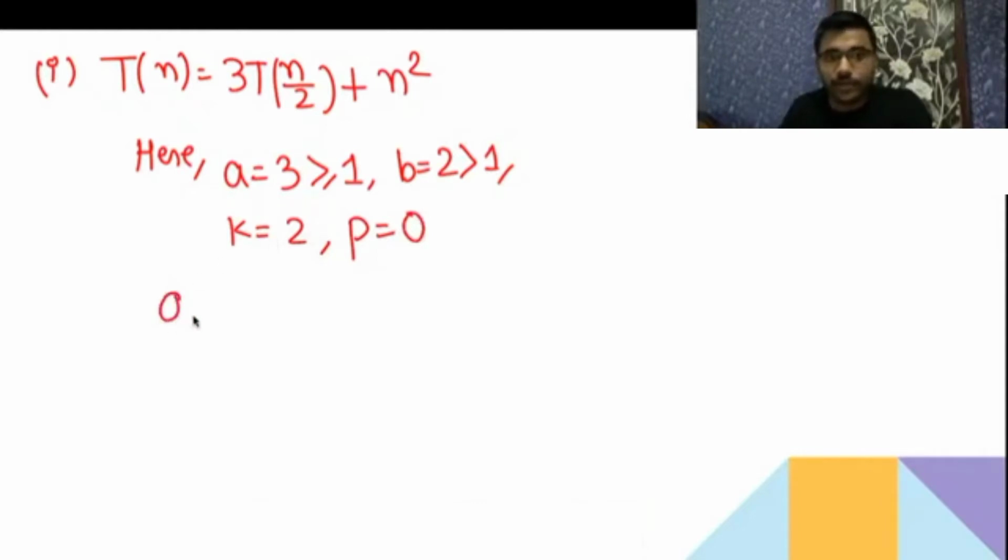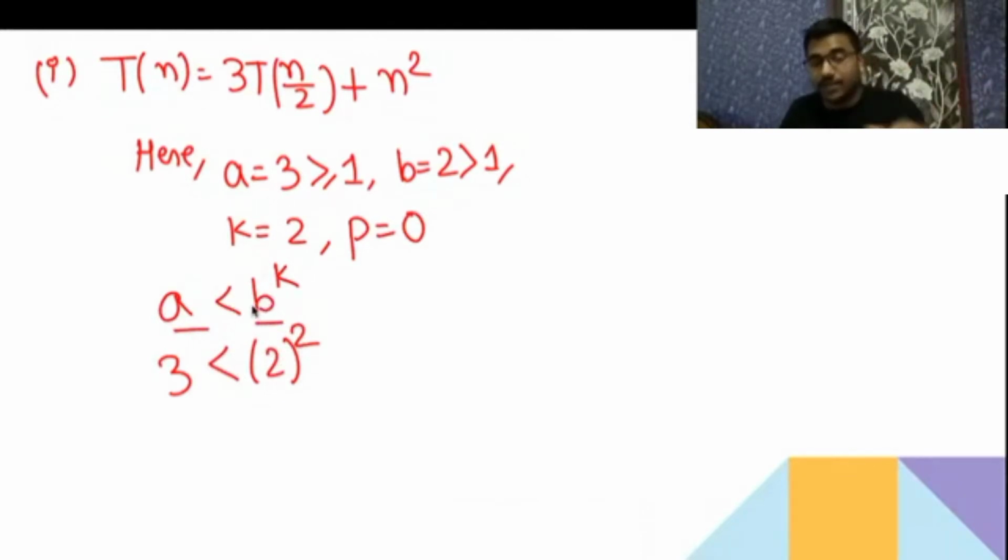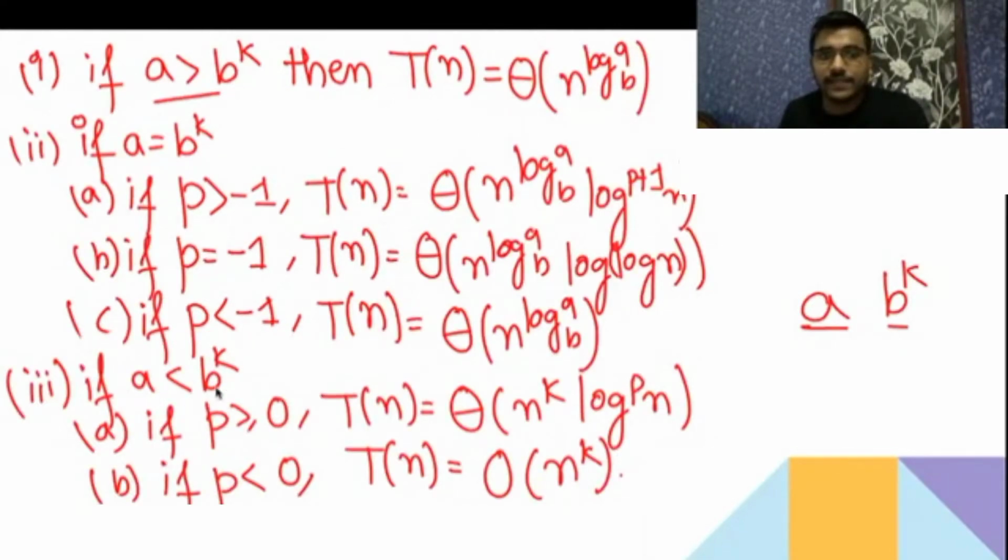Now you have to compare a and b to the power k. a is 3 and b is 2 and k is 2, so b to the power k is 4. Here a is smaller than b to the power k, which means the third condition. Then we have to compare p.